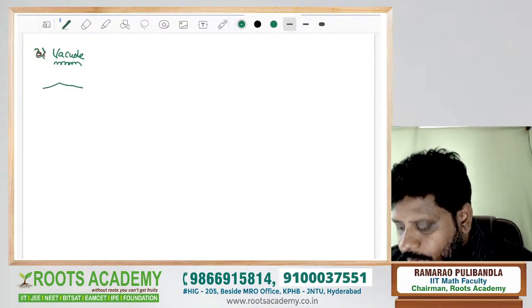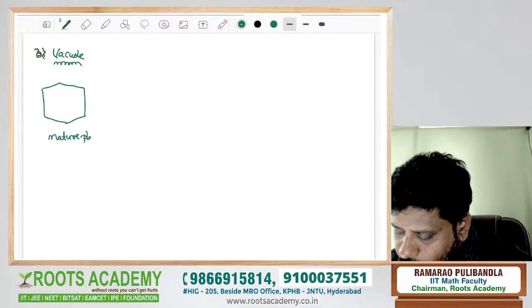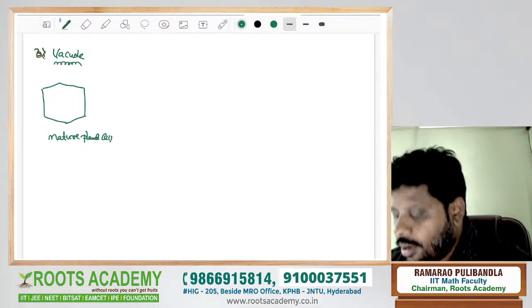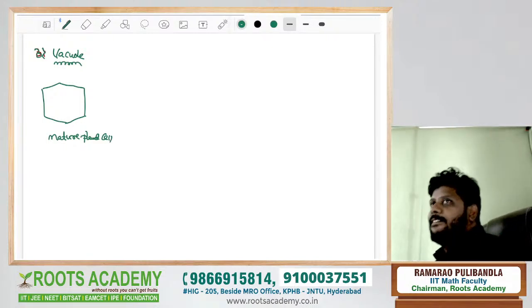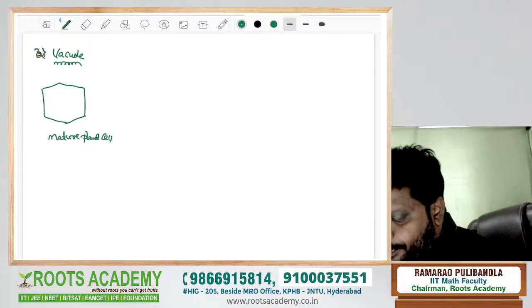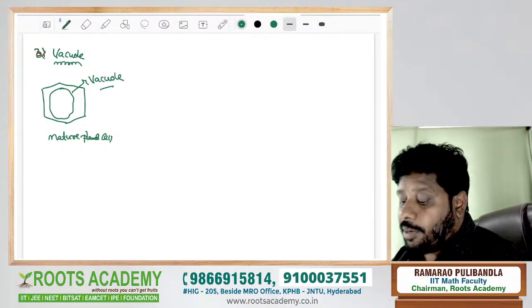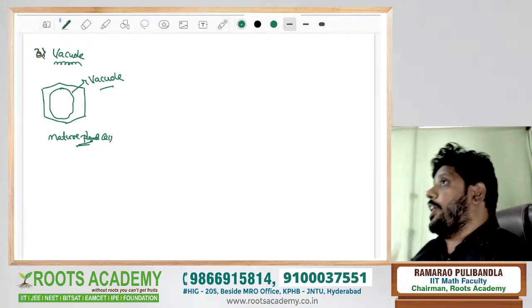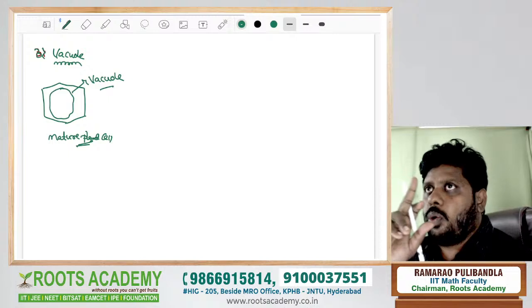Imagine this is one matured plant cell. In a matured plant cell, the inner 90% of space is occupied by the vacuole. How many vacuoles are present? Only one.